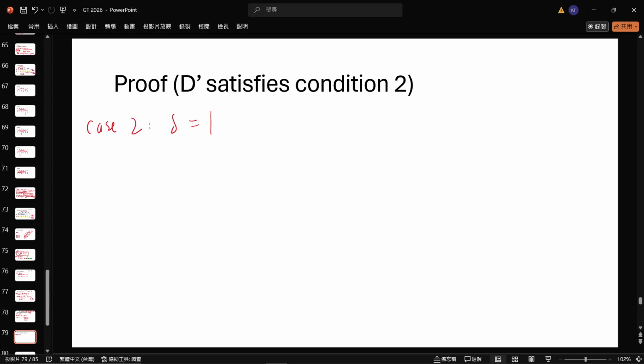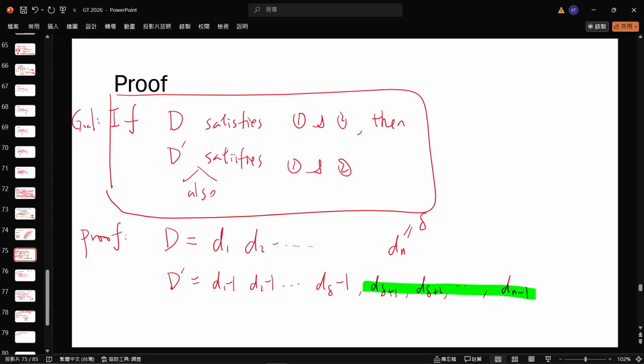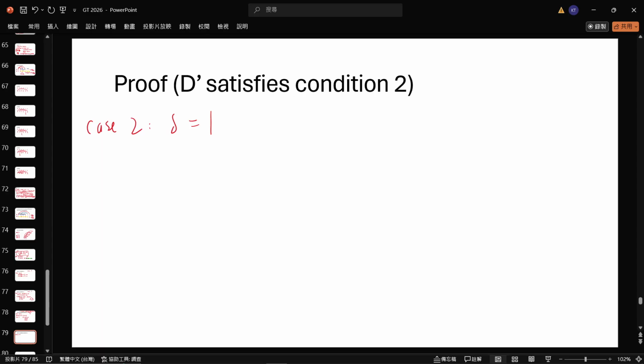So the intuition behind this case is that if delta is 1, then we only reduce the total degree by a very small amount, that is 2, okay? Because if delta is 1, so we remove the smallest degree, which means we decrease the total degree by 1. And also we reduce the highest degree by 1. So in total, the total degree is reduced by 2, okay?